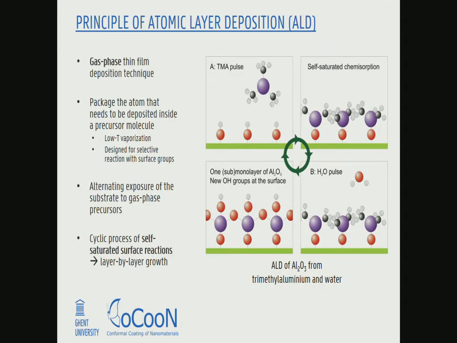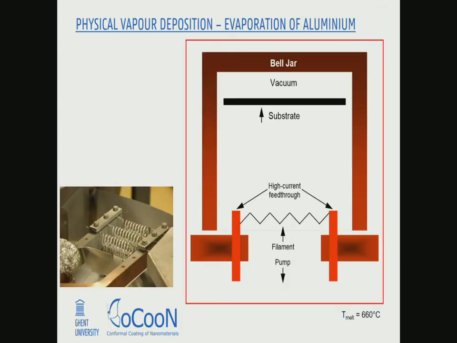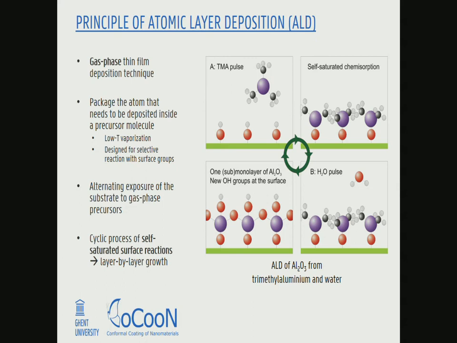In the case of atomic layer deposition, we're also depositing aluminum atoms, but we're approaching it in a very different way. We're packaging the aluminum atoms that we want to deposit first in this molecule, which is trimethyl aluminum. So we first package them in this molecule. One of the advantages of doing that is that instead of having to go to a source temperature of 660 degrees Celsius of molten aluminum, we can just keep this at a source temperature of basically room temperature, and you already have vapor pressure.